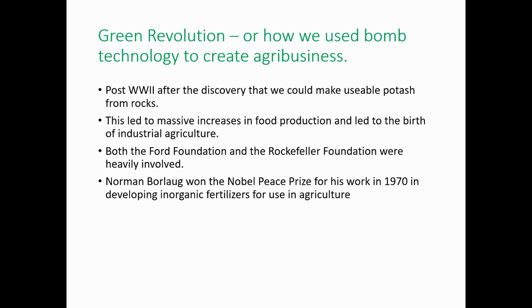And potash is a form of potassium that you could then use in manufacturing synthetic fertilizer. So basically, from the making of bombs during World War II, we figured out how to make synthetic fertilizer.